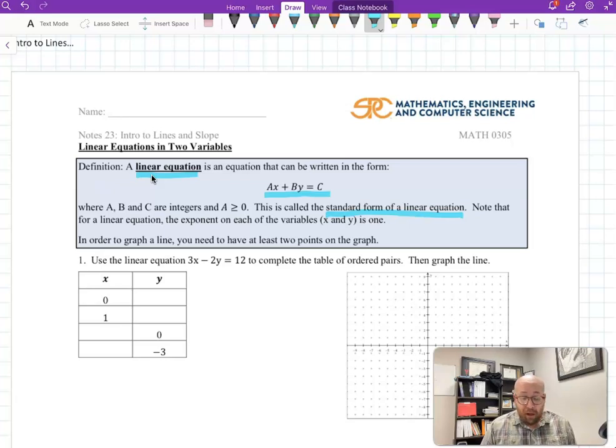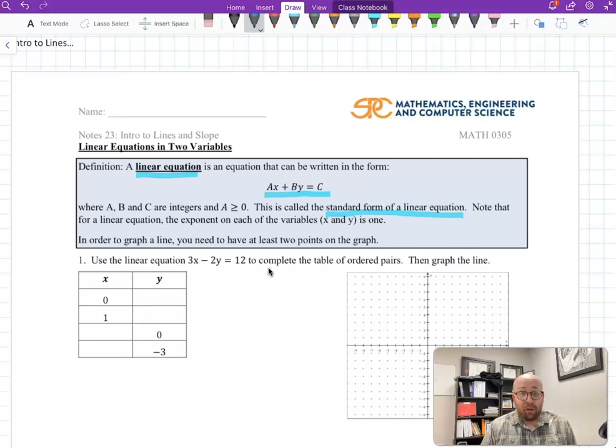But here we go. Problem number 1 is very similar to what we just did in our work for notes 22. Use the linear equation 3x minus 2y equals 12, and complete the table for the ordered pairs.